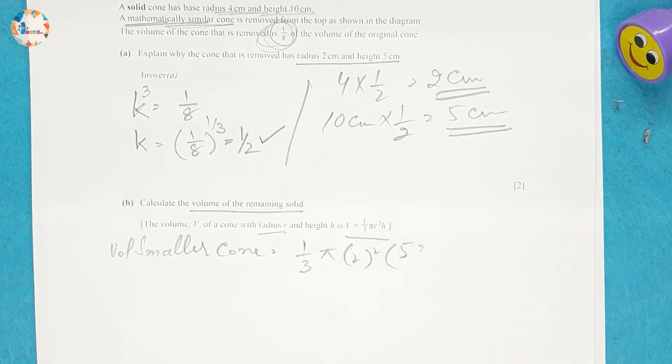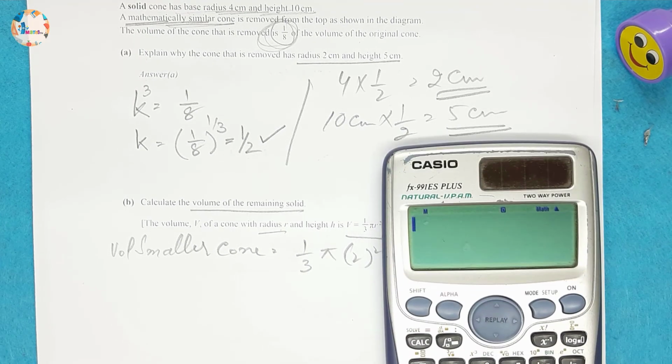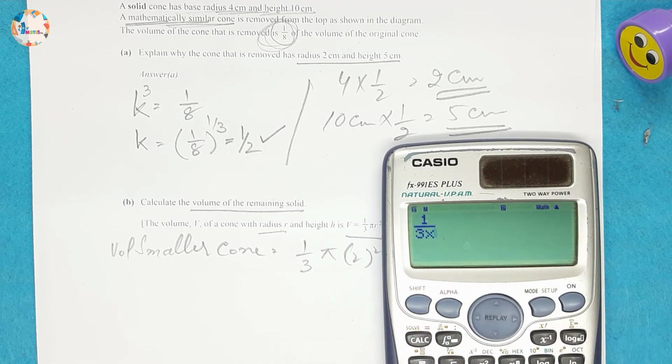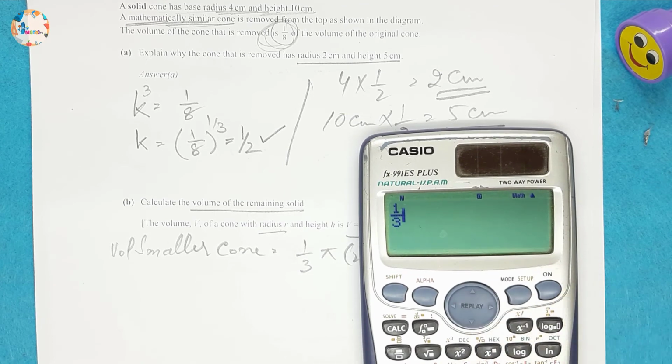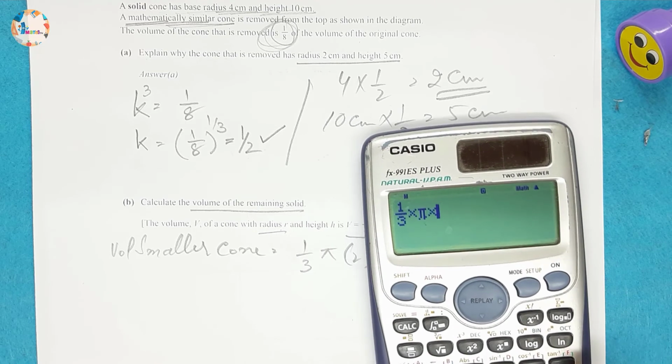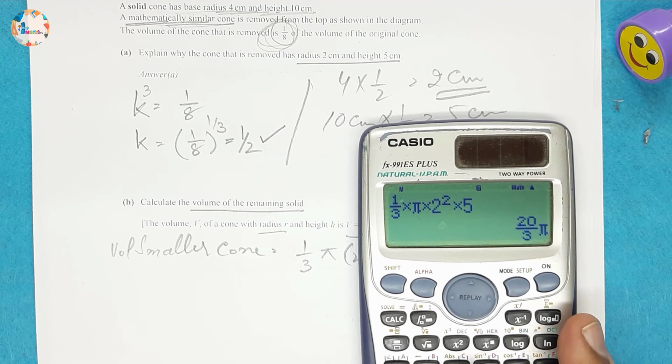So this will be equal to 1 over 3 into pi multiplied by 2 squared multiplied by 5, and this will be equal to 20 over 3 pi.